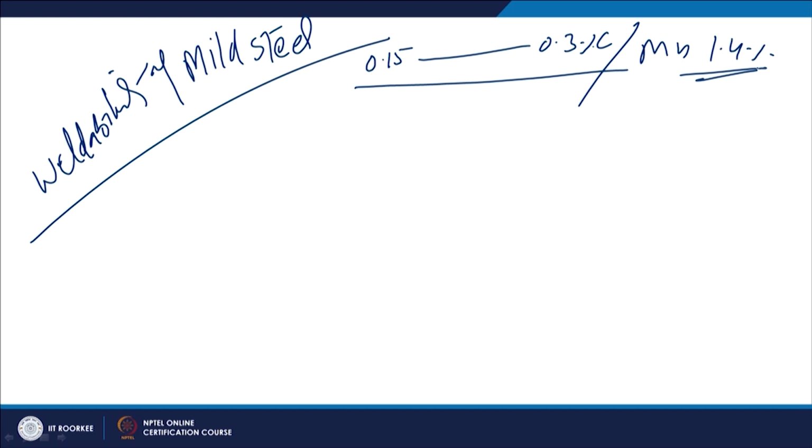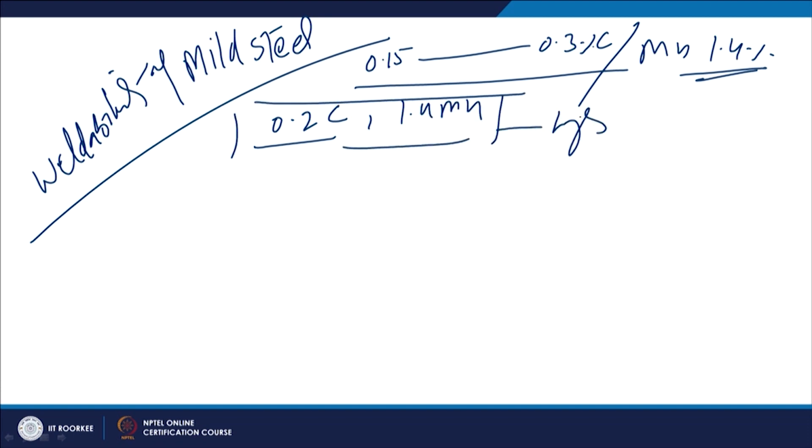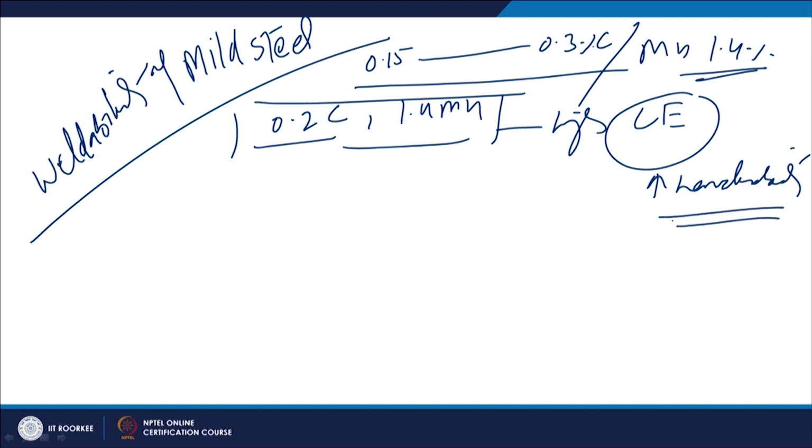So, like 0.2% carbon, 1.4% manganese, this combination itself can lead to very high carbon equivalent, increased hardenability, and so increased hardness and yield strength.